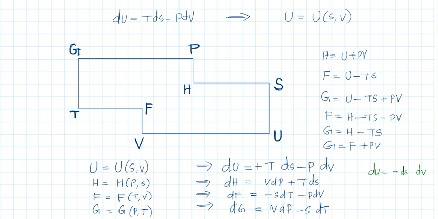So the right hand side terms should have dimension of energy. So the only term which will give you dimension of energy along with the entropy is temperature. So you have to write it as TdS. Along with the V, the only term which gives you the dimension of energy is P.